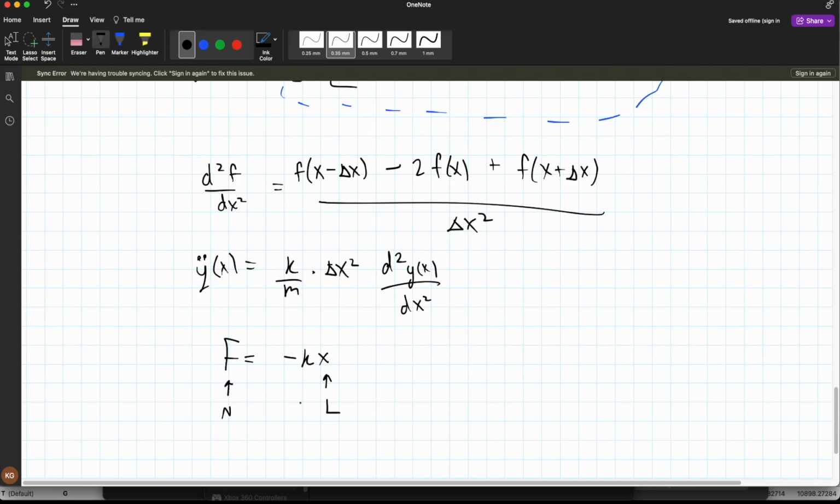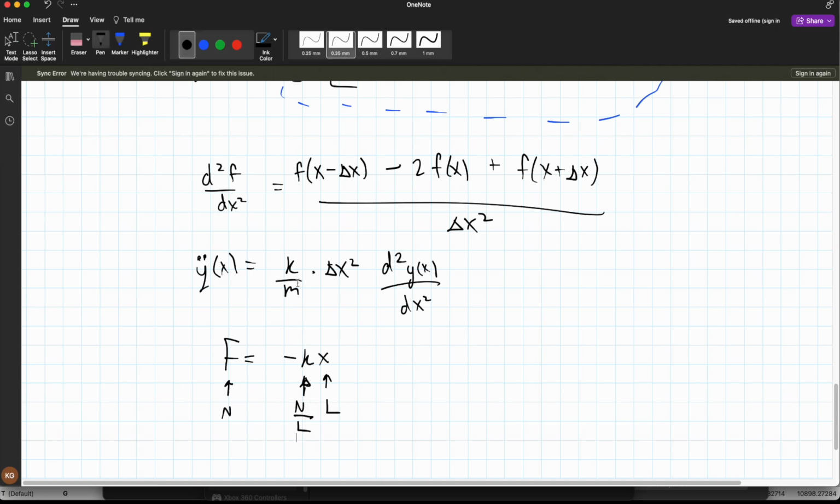So if you divide newtons by L, then for these two sides to be equivalent, k has to have the units of newtons per length, so that newtons per length times length cancel, and we get two expressions that have the same units. So again, this k has units of force per unit length.